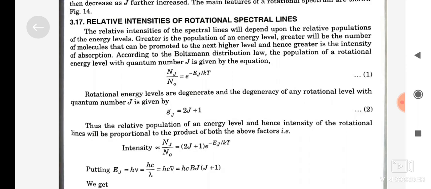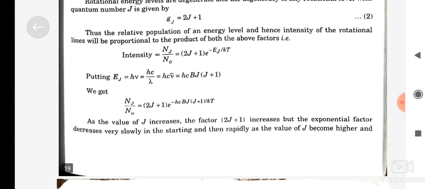Thus, the relative population of an energy level, and hence the intensity of the rotational line, will be proportional to both of the above factors. Intensity is proportional to NJ upon N naught is equal to 2J plus 1 into e to the power minus EJ upon kT. Putting EJ is equal to hc B J into J plus 1, we get NJ upon N naught is equal to 2J plus 1 e to the power minus hc B J into J plus 1 upon kT.